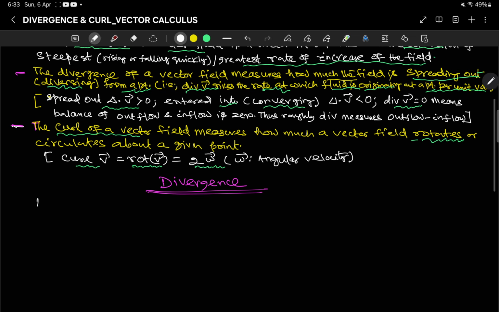Coming to the definition, let V equal V1 i plus V2 j plus V3 k be a vector point function.